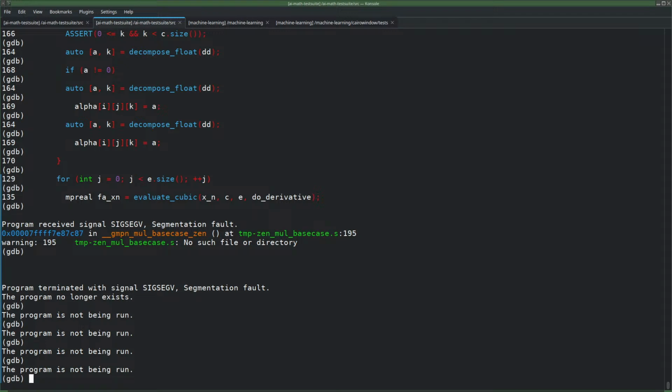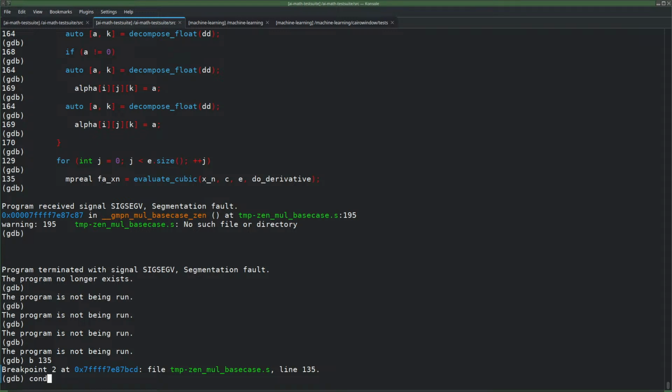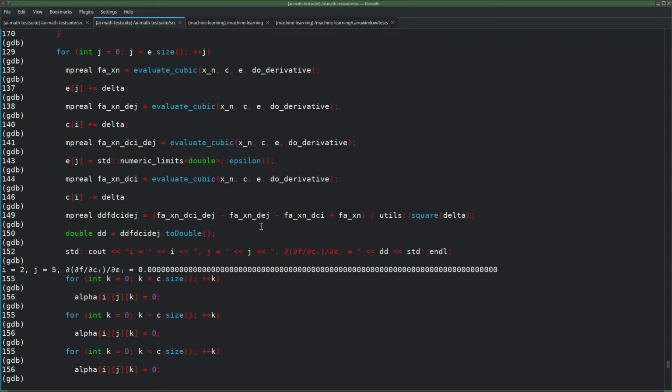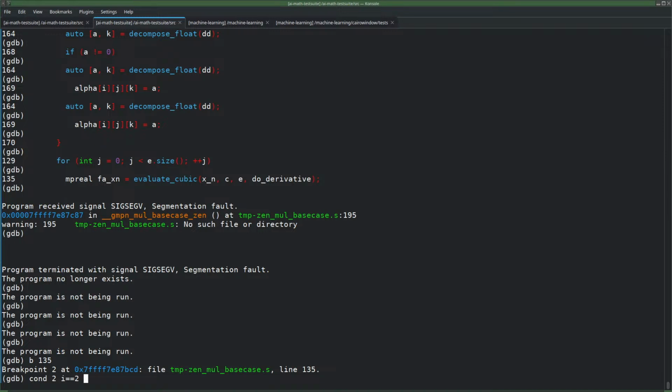Yep, there it is. Evaluate cubic. No, okay. Break 135. Condition 2. What was it? I equals 2 and J equals 8.